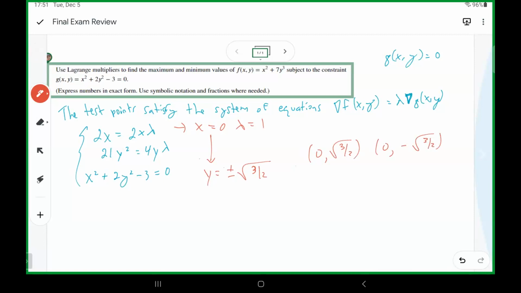All right, so if lambda equals 1, then the second equation implies y equals 0 or y equals 4 over 21.